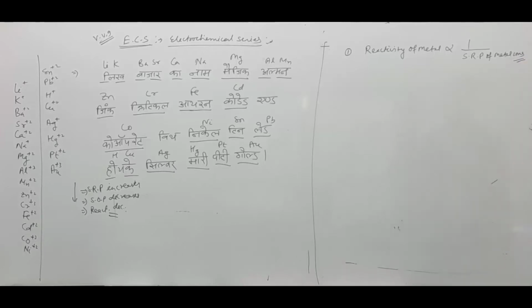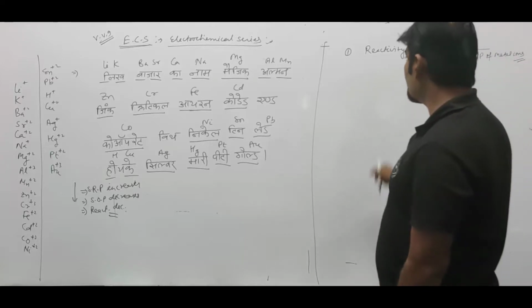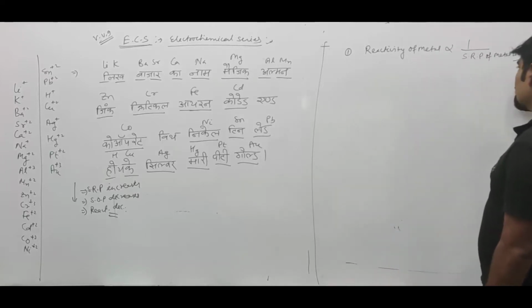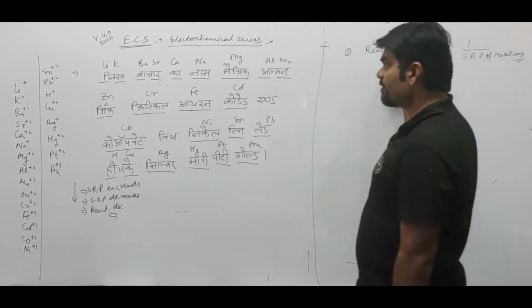Greater the value of SRP of metal ions, less will be their reactivity. Less the value of SRP of metal ions, higher will be their reactivity.